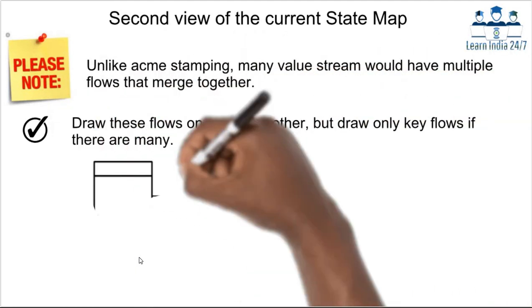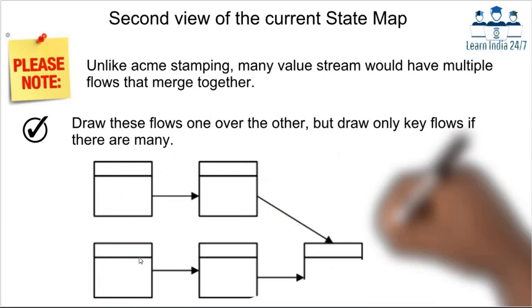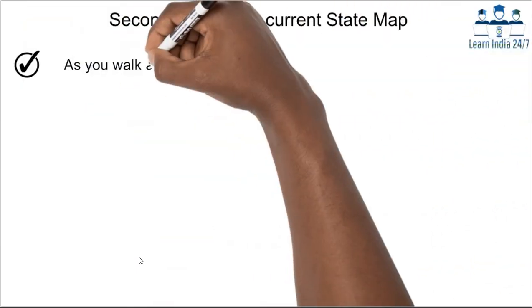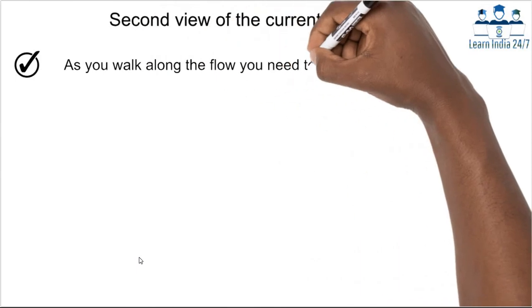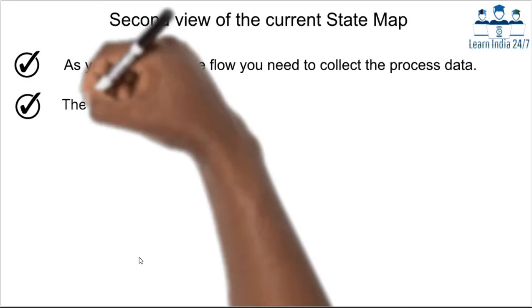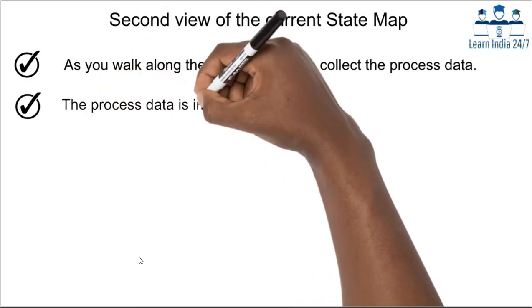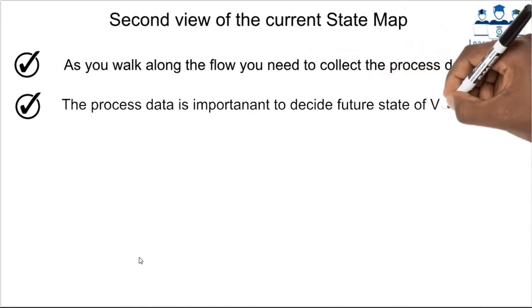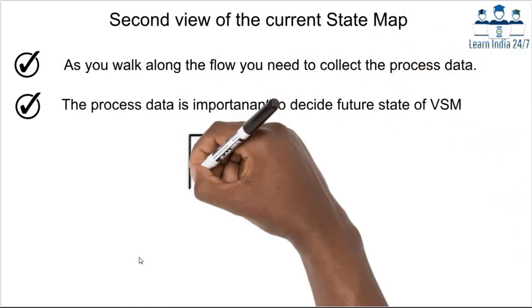Draw these flows one over the other, but don't draw all the flows if there are many. As you walk along the flow, you need to collect process data. The process data collected at this stage is important to decide the future state of the VSM.